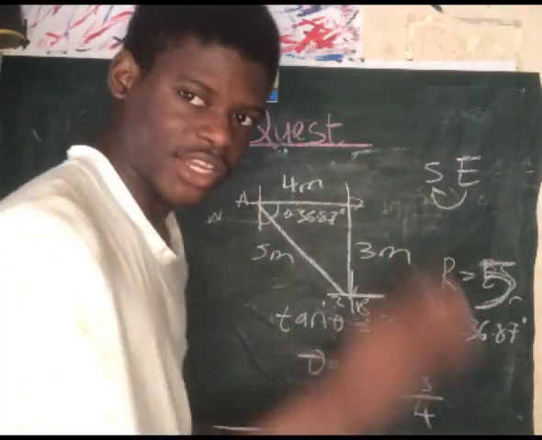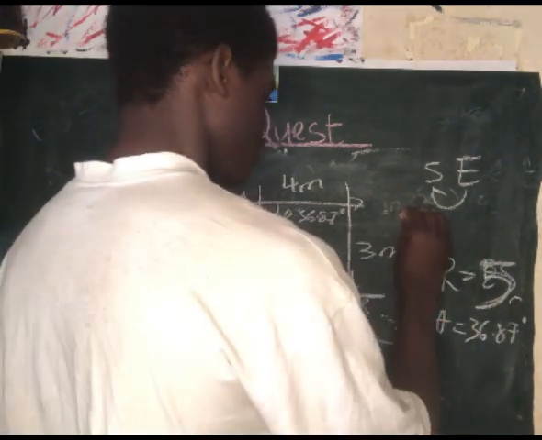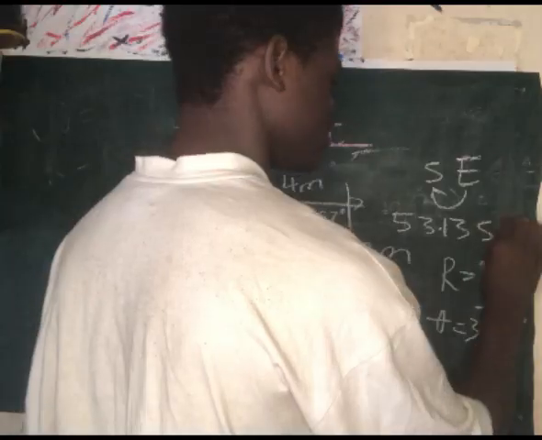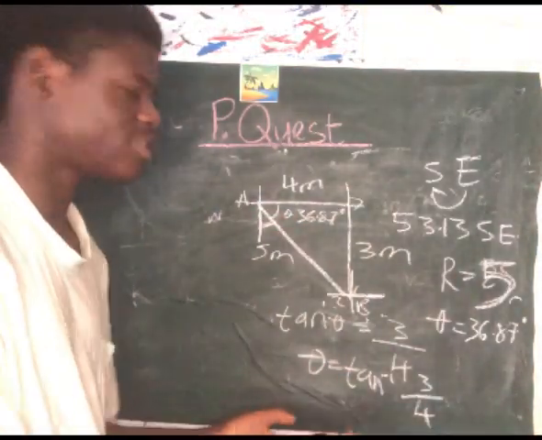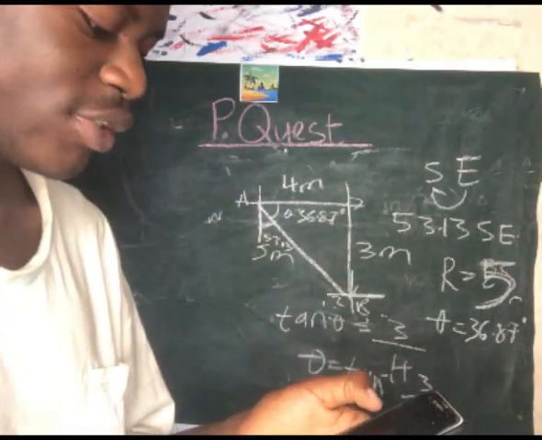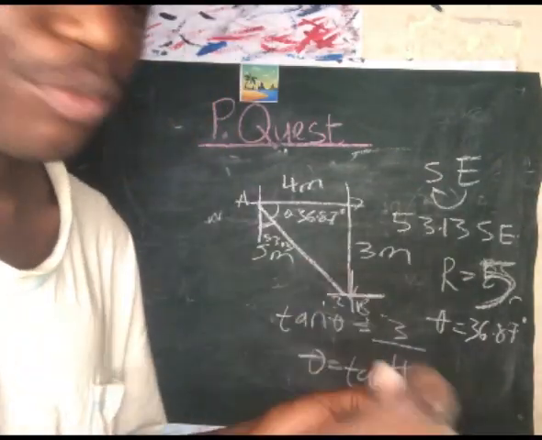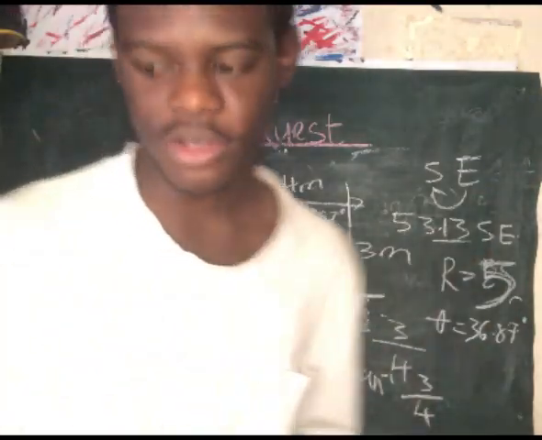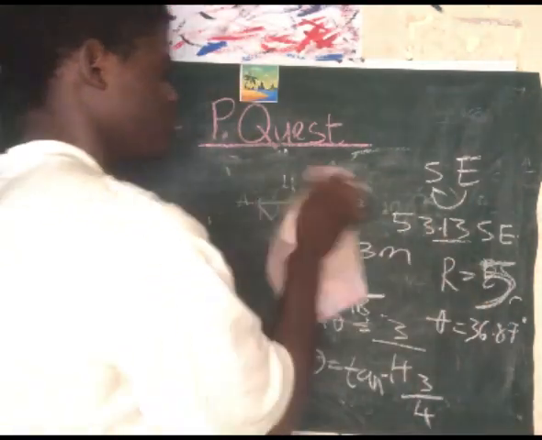So the direction is now 53.13 degrees southeast, because our angle needs to be from the south since the option is in southeast. And the answer will be option B, which has 5 meters and 53 degrees southeast. We got 53.13; that's just a decimal error in the option. That's the answer.